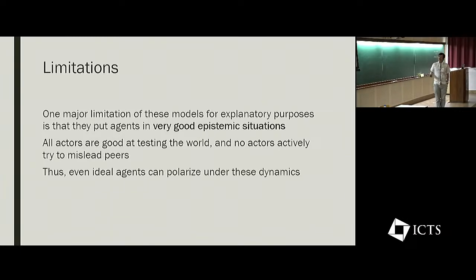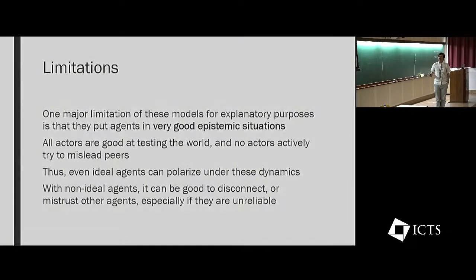And so this gives a sense in which even ideal agents can polarize, ideal except for the fact that they've adopted this bad heuristic. But what the model doesn't capture is the idea that in the real world, there's another thing happening, which is that many of the agents that we're encountering aren't ideal.